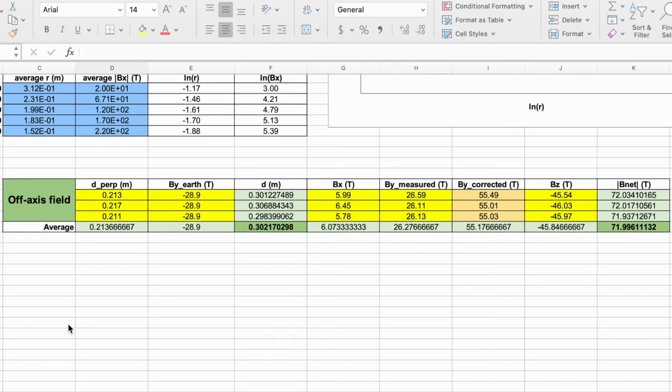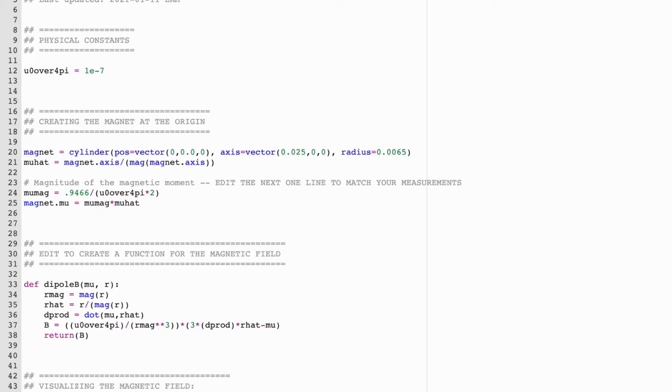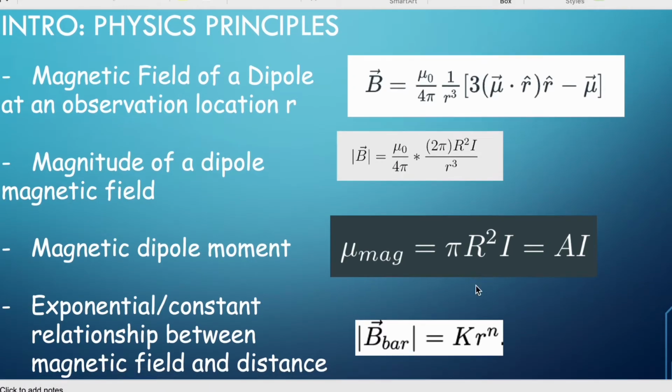And then we have our off-axis location magnetic field measurements here, including our net magnetic field of 71.996. So now we take a look at our code and we see the first thing we need to do is calculate the magnitude of mu, which we can do using these equations that we referenced earlier, where we replace the area times the current in this equation with mu, and then we can set mu equal to the constant k, which is mu naught divided by 4 pi, multiplied by a factor of 2.